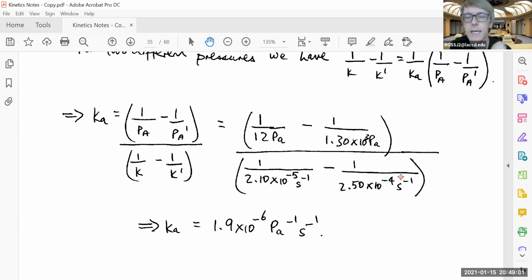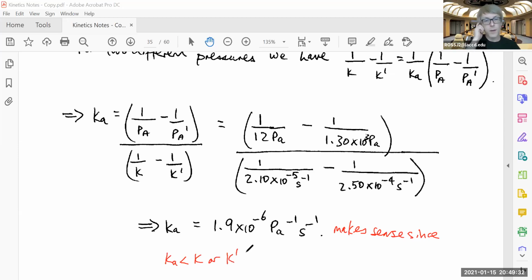Does the answer make sense? Yes. We would expect ka to be less than the k or the k prime, correct? So it makes sense, since we know that ka should be smaller than k or k prime, because we already said that ka is not rate limiting in our previous discussion.